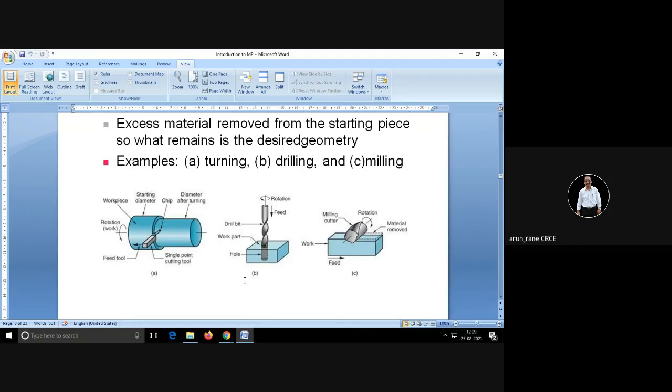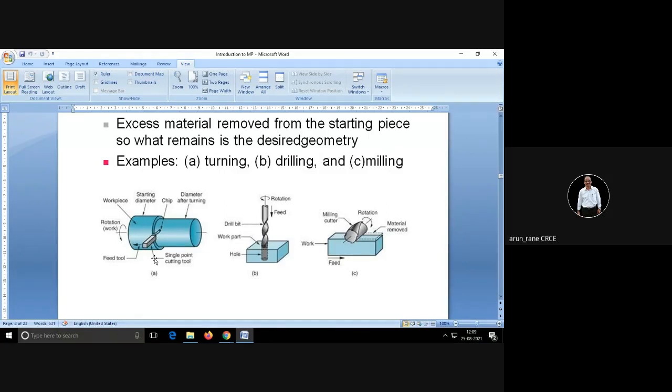Now the most important thing you have to remember here: what do you mean by feed? Feed is the rate, or the velocity, at which the tool moves across the workpiece. Is it clear?